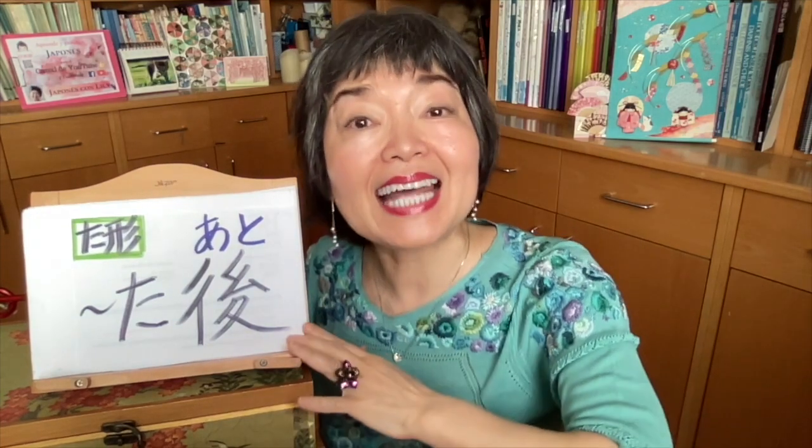But please don't worry. In JLPT 5, we only study た後で. I only wanted you to know that た後に exists. If you hear た後に, you don't need to think, oh, it's strange. It's okay: た後で or た後に.